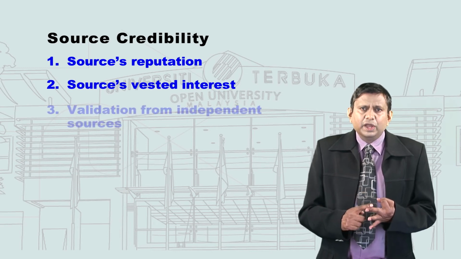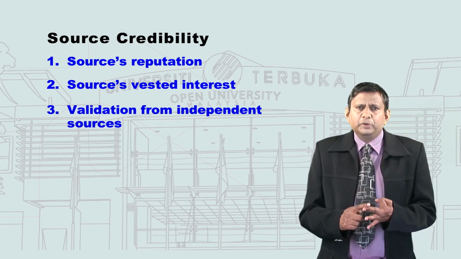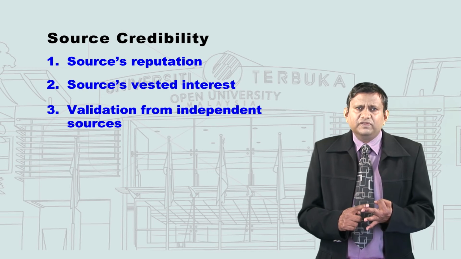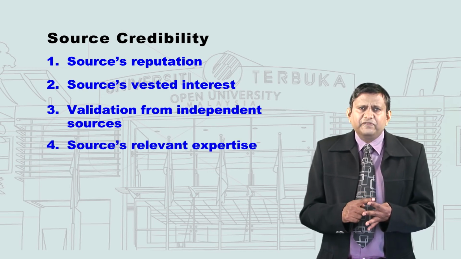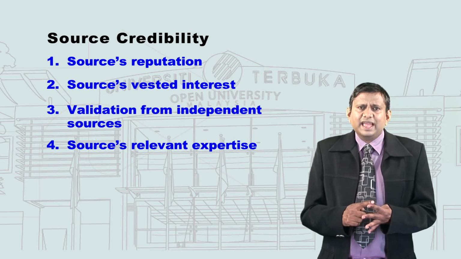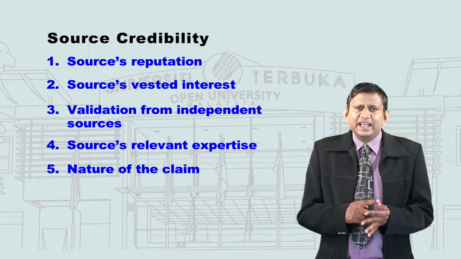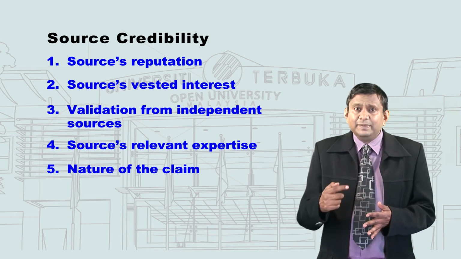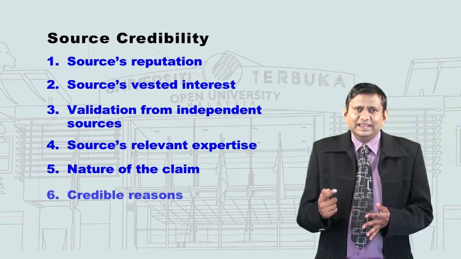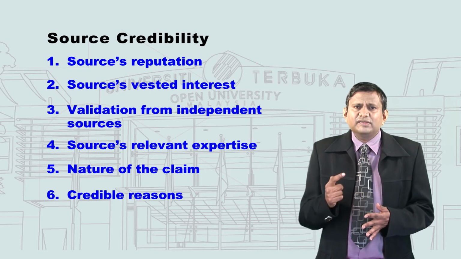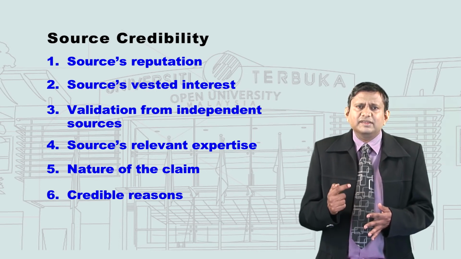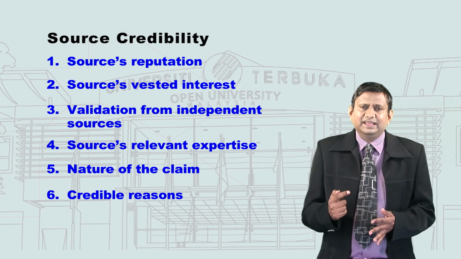Number 3, whether there is a corroboration or validation of the claim from independent sources. Number 4, whether the source has the relevant expertise or training. Number 5, the nature of the claim itself. And number 6, whether the source can provide credible reasons for the claim they make.